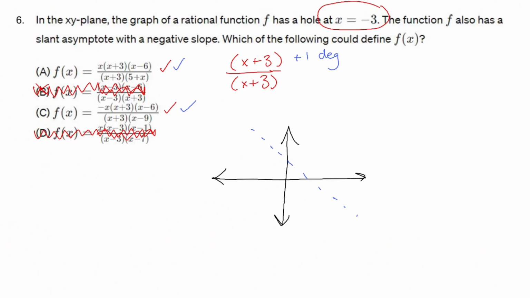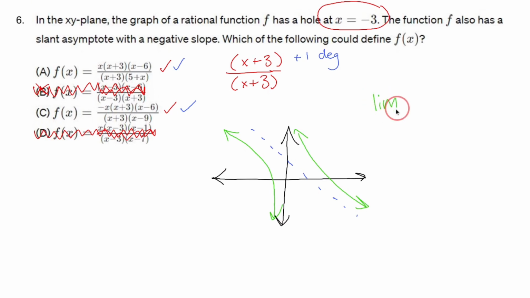So let's try to draw a picture of what this could look like, knowing it's not going to be accurate. It might look something like this. For a picture like this that has a negative slant asymptote, looking at the end behavior might help me figure out which of these will match.